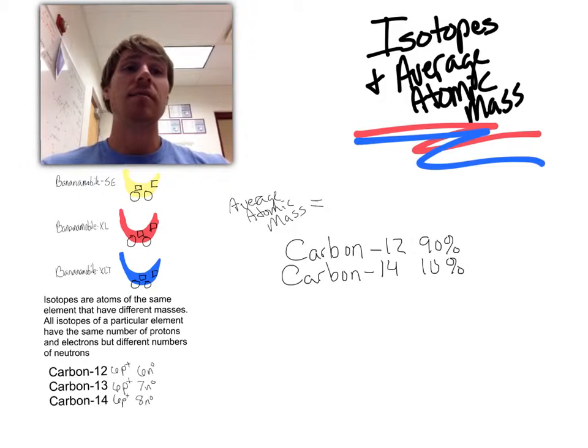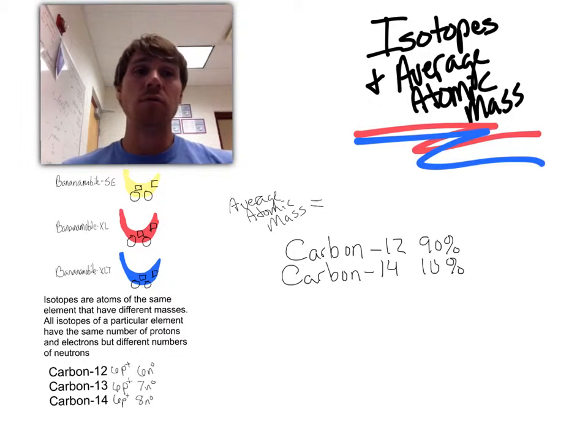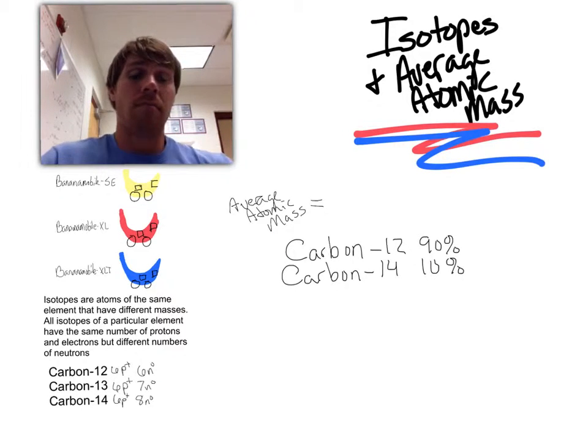Instead of just doing 12 plus 14 divided by 2 and getting 13, well, that would be saying that if we randomly grabbed 2 carbon atoms out of a bucket of carbon atoms, one would be carbon 12, one would be carbon 14. We know that that's not the case. For every 9 carbon 12 atoms, we'd grab 1 carbon 14.